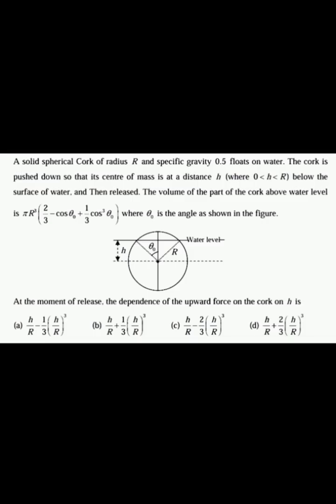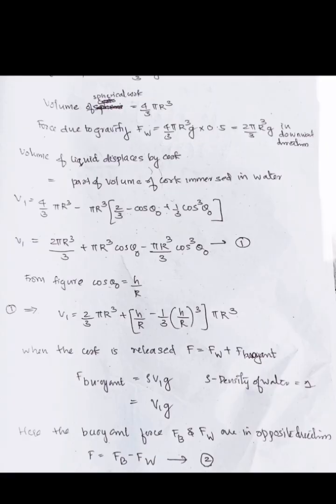At the moment of release, the dependence of the upward force on the cork on h is dash. So here the volume of the spherical cork is equal to 4 by 3 pi r cube. So the force due to gravity Fw is equal to 4 by 3 pi r cube g into 0.5. This is equal to 2 by 3 pi r cube g in the downward direction.